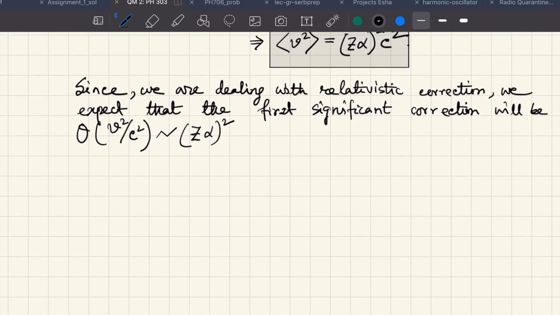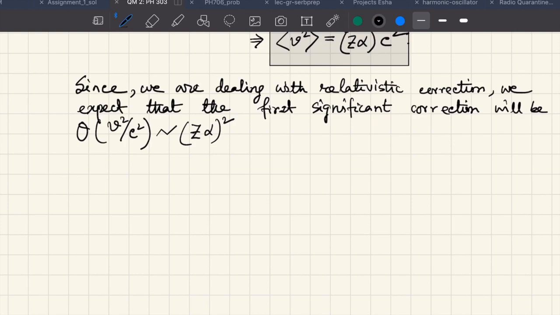So having said this, let us look at the n equal to 2 state. As an example, let us take the example of hydrogen n equal to 2 state. So n equal to 2 state immediately means what are my L values? L values are either 0 or 1.